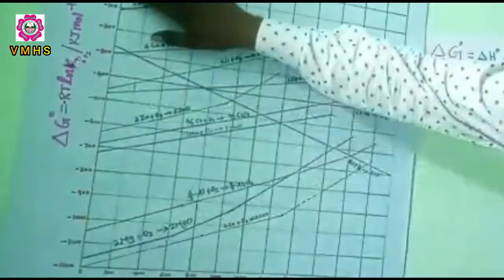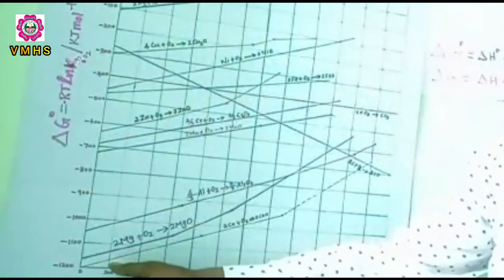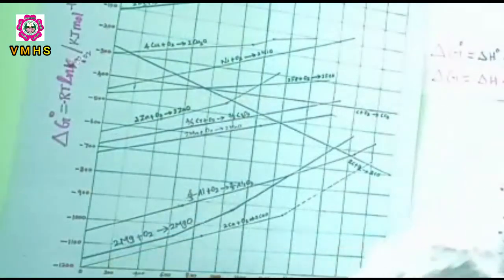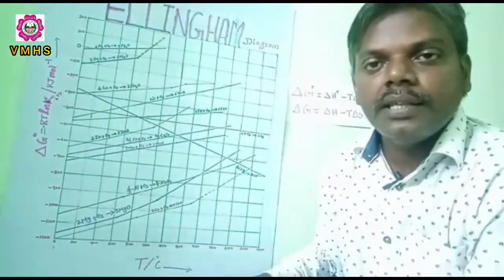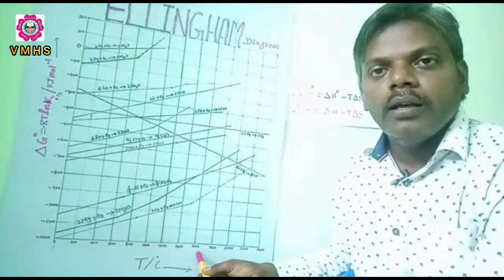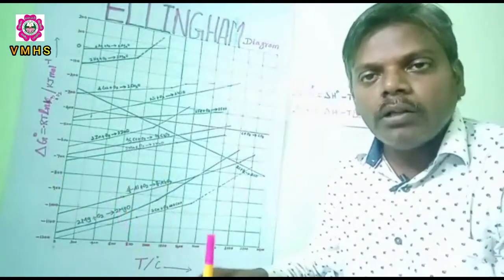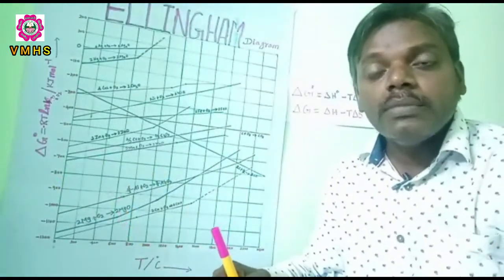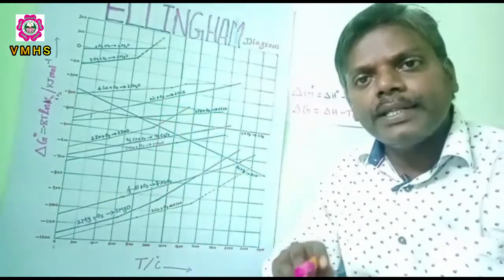If you move this side, the delta G0 value becomes less negative, and if you move down, the delta G value becomes more negative. So what the third observation says is, as the temperature increases, the delta G0 value for most of the metal oxide formations becomes less negative and becomes 0 at a particular temperature.